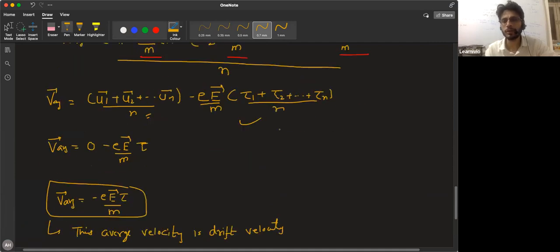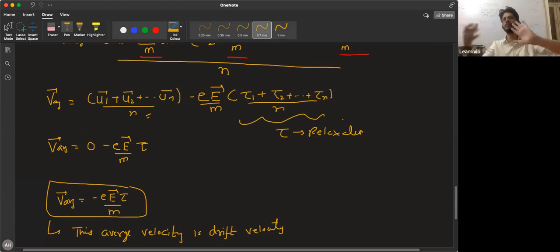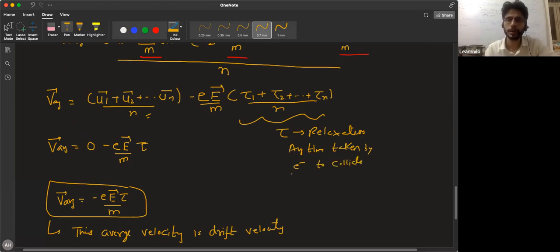This tau is known as relaxation time. So relaxation time is nothing but the average time taken by the electron to collide with the ion. This average time is known as relaxation time.